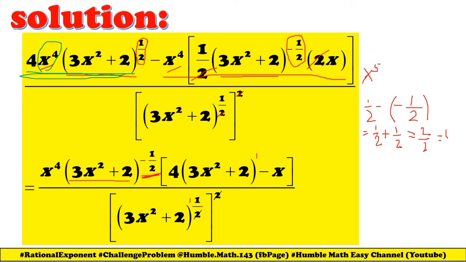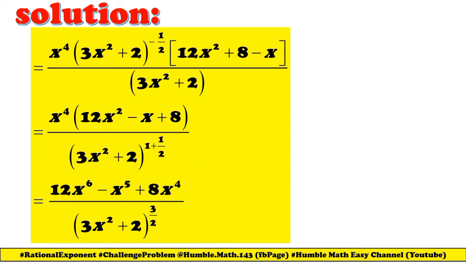So in this case we will have x to the 4 times 3x squared plus 2 to the quantity of -1/2. How did it become 12x squared plus 8?